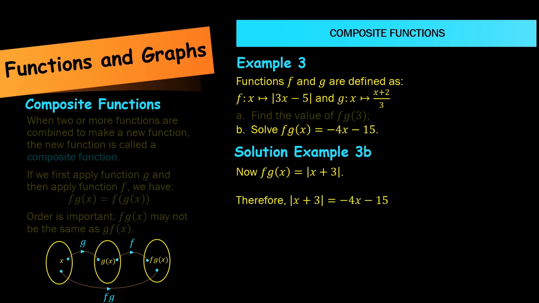So we're required to solve mod x plus 3 equals minus 4x minus 15.